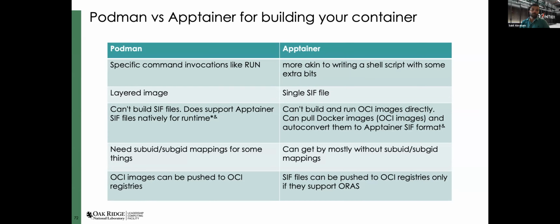Carl Skipper asks, we use FreeIPA, but does sub-UID GID work via NIS2? I don't know the answer to that, Carl, because that's the side that I haven't really touched. We've discussed FreeIPA, but for Frontier, we're not using FreeIPA.